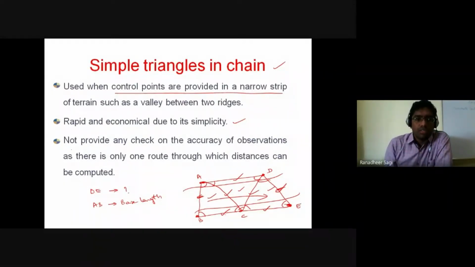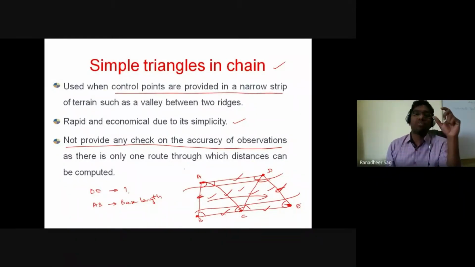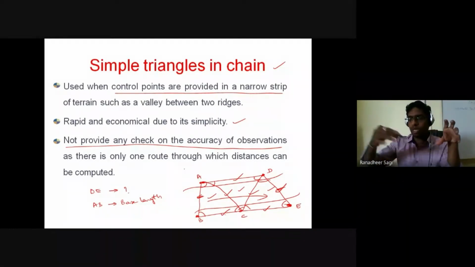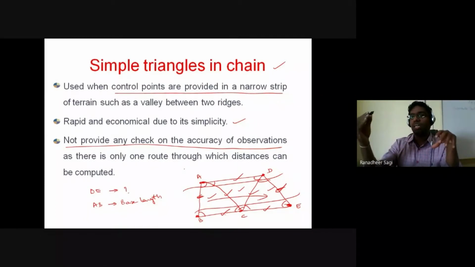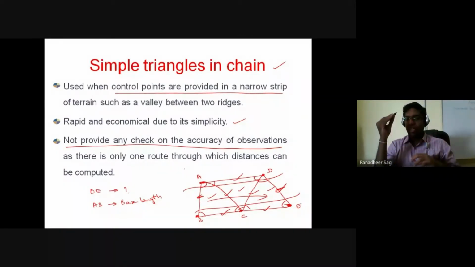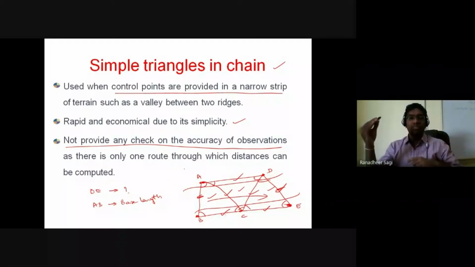Okay, so this layout technique does not provide any check on the accuracy of observations. What does this mean? If I want to find out the length of the member DE, I have only one possible route by which I can find out that length. Without knowing the length of the member DC, I cannot find out the length of DE.